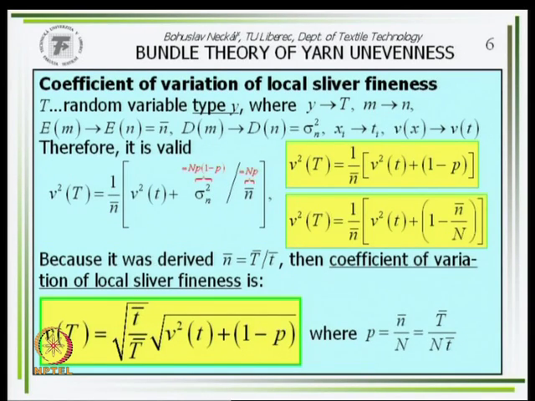We need to know the mean value of sliver fineness, of fiber fineness. We need to know the value of the coefficient of variation, V, for fiber fineness, of course.